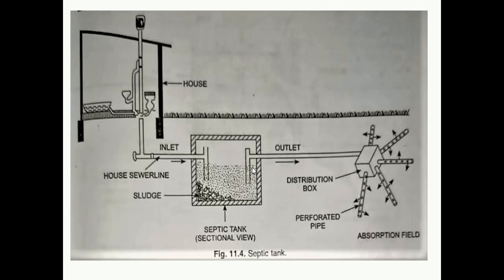We are observing the sectional view of the septic tank, and then the outlet. This outlet leads to the distribution box, perforated pipes and absorption field, which enter into the drainage system. The septic tank has lower solid materials, and the upper layer is clear water, which enters into the outlet pipe.